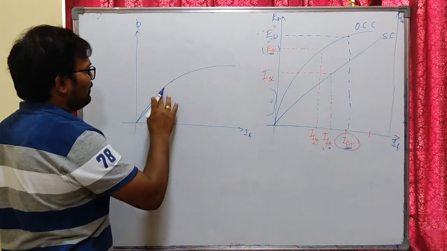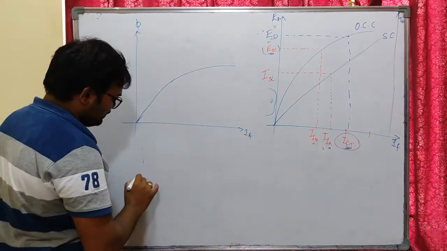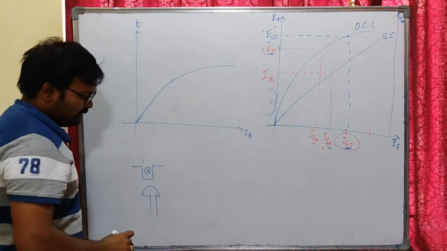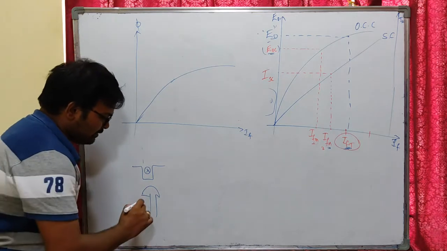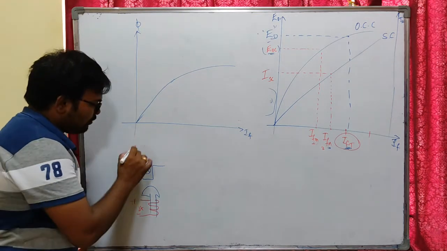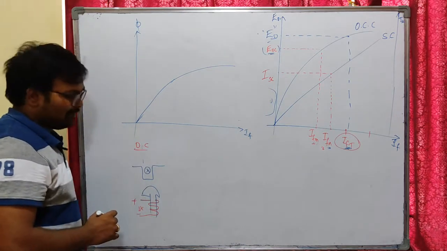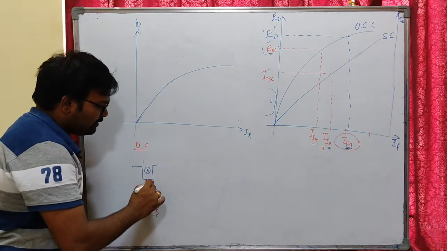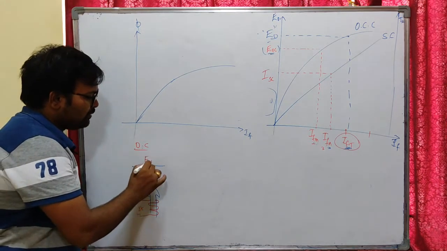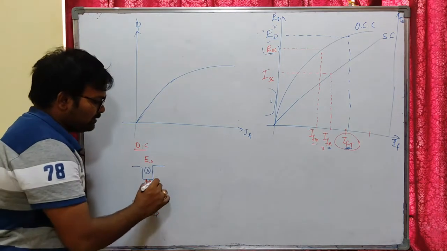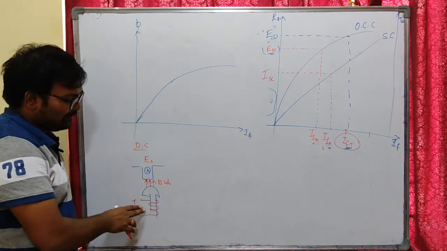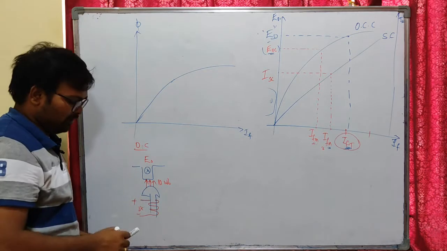Let us consider an armature and a magnetic field, and I am going to excite the field with a DC supply here. For open circuit condition, the flux due to the main field, just to produce our open circuit voltage E naught, let us consider is around 10 Webers. Under open circuit condition, the main field is to generate only E naught.